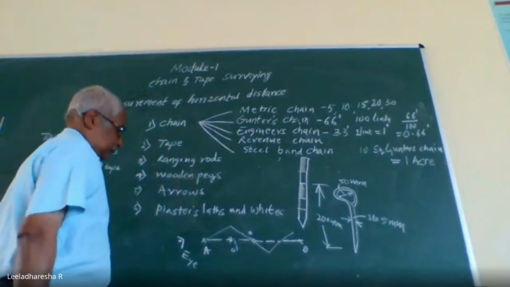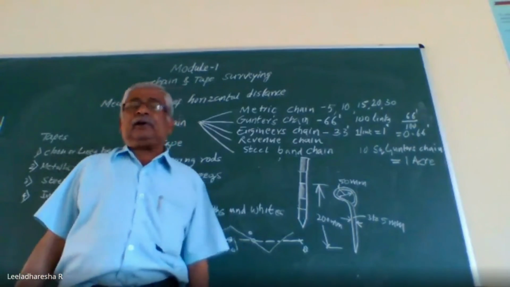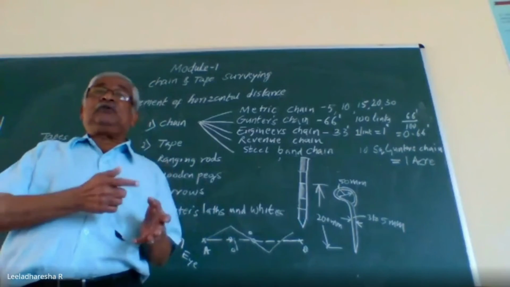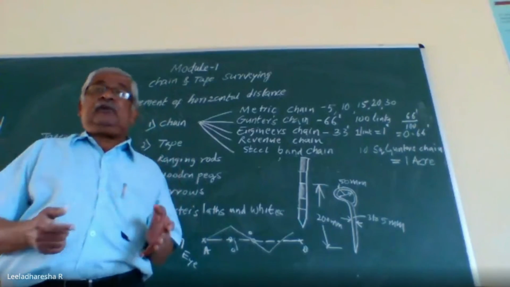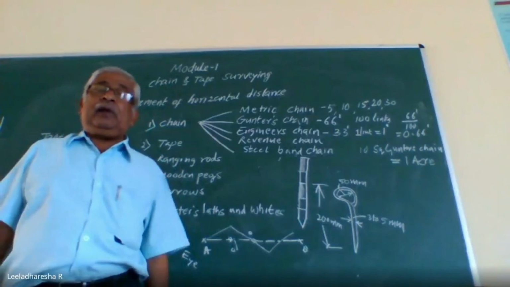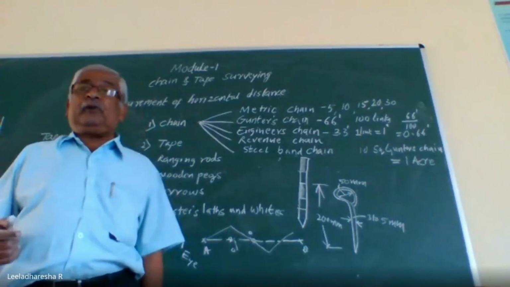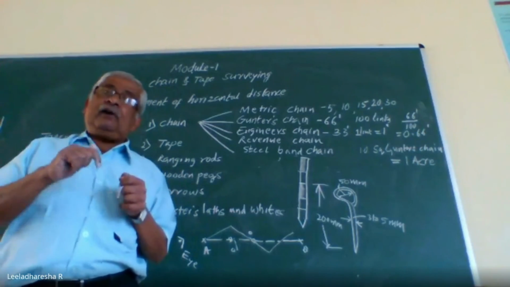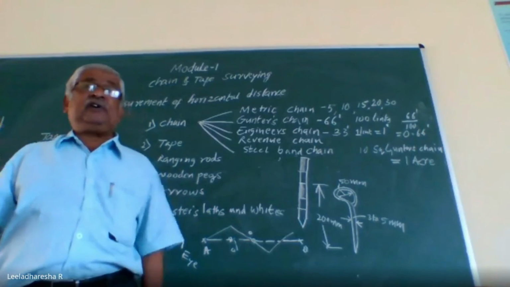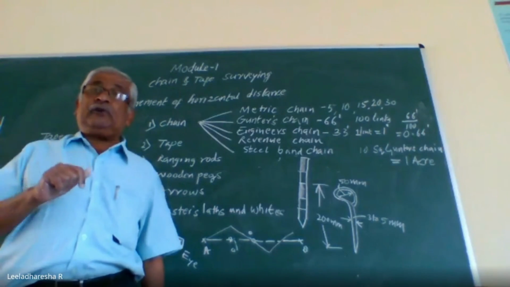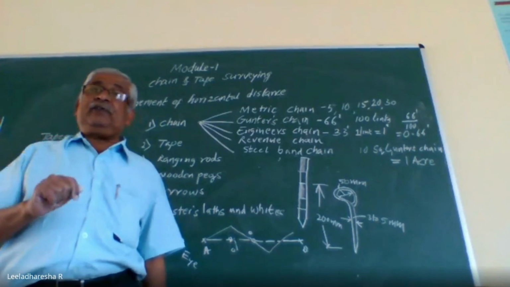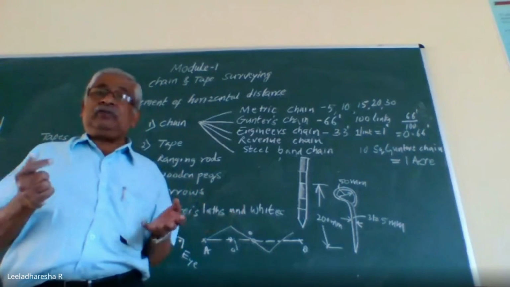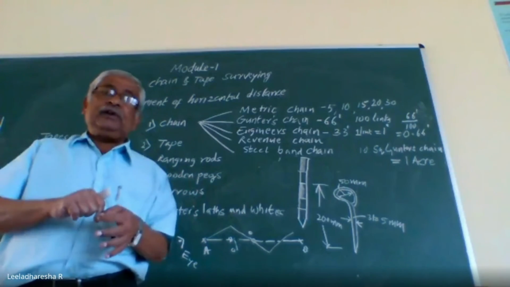Then wooden pegs. Generally, when you are working on your survey project, you will be closing your survey work at the end of the day, and tomorrow you want to continue the work. So at least 2 points should be there on the ground for the next day's continuation of work. Therefore, at the end of the day, we drive 1 or 2 or 3 pegs into the ground.